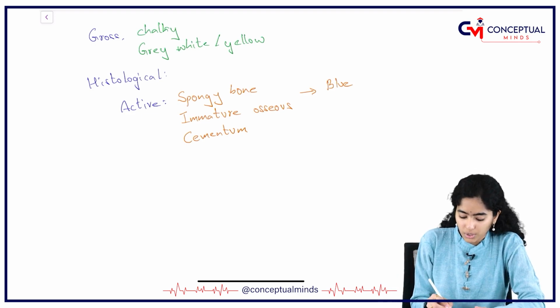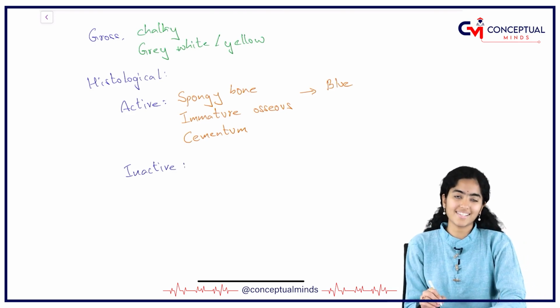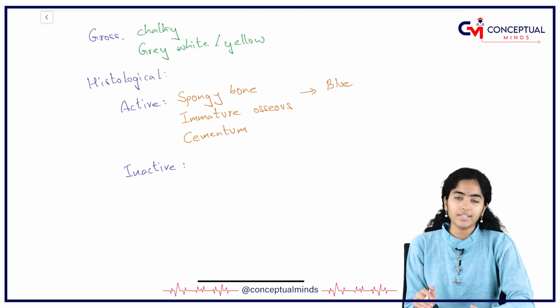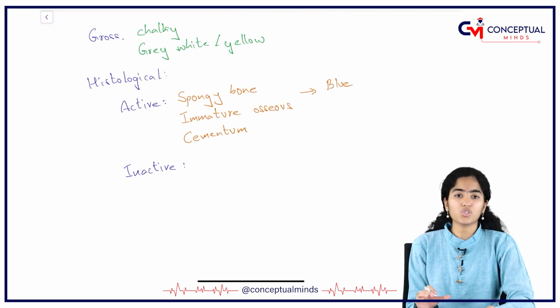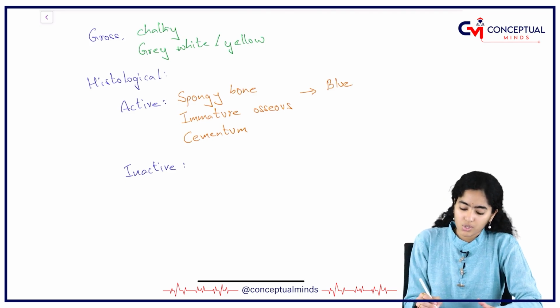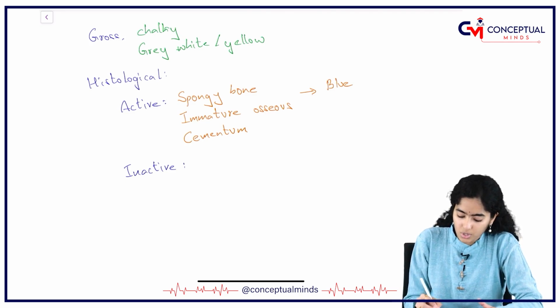Next, let us move on to the inactive stage. The inactive state of disease is actually the mature, progressed state. Here we find that this spongy bone is almost replaced by solid, compact and lamellar bone.